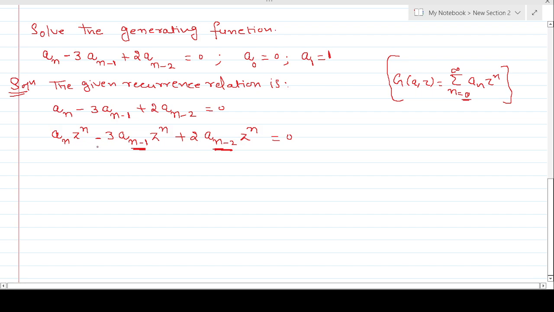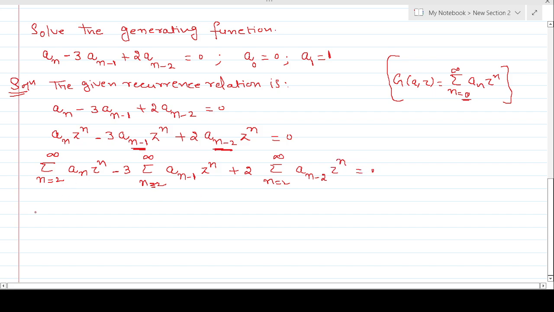So here we run this summation from 2 to infinity: summation a_n z raised to the power n, minus 3 times summation n equal to 2 to infinity a_(n-1) z raised to the power n, plus 2 times summation 2 to infinity a_(n-2) z raised to the power n equal to 0.